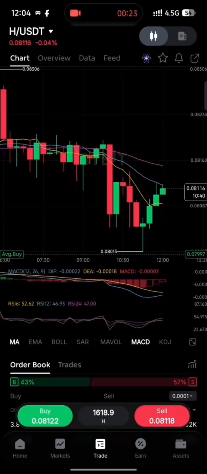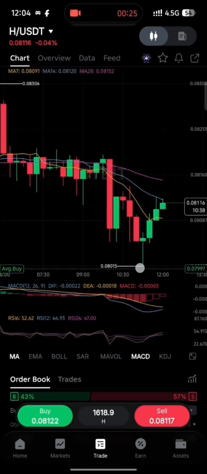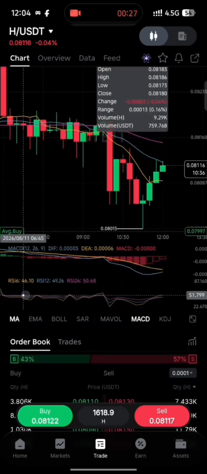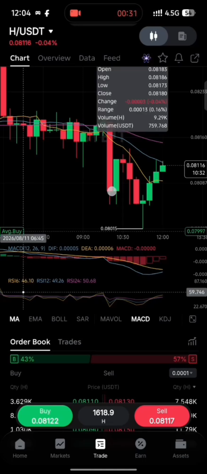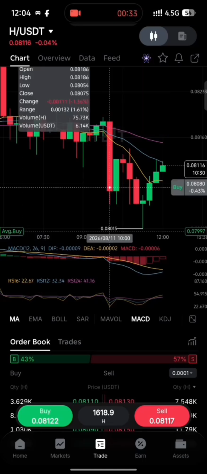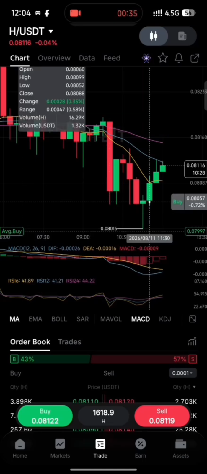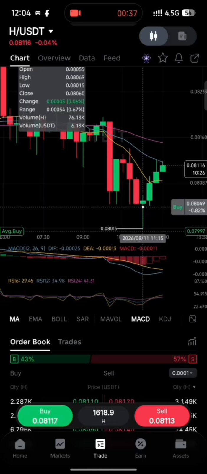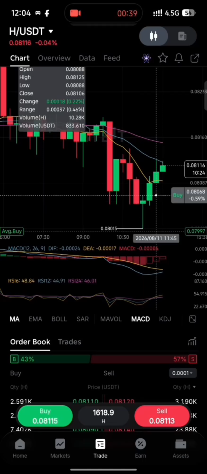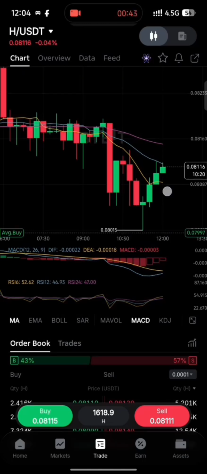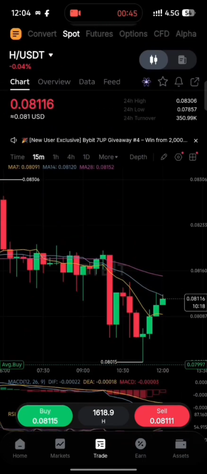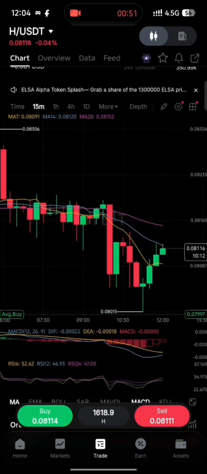I'm watching it carefully, and you can see also the RSI. I consider all of this before I join this trade. So these are some of the major things you must consider before you dive into any trade.